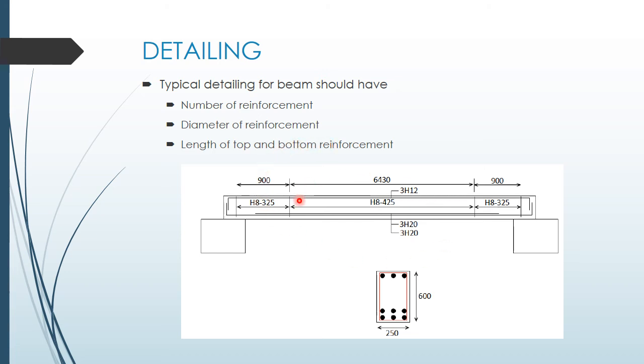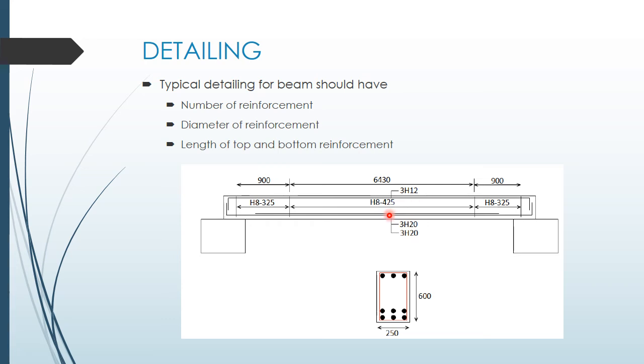We have a view of the beam length and the cut section of the beam. Normally, we take it at the middle part. H stands for high yield steel bar. Previously, we used Y or R, but we still find that till today. That's actually referred to British standard.